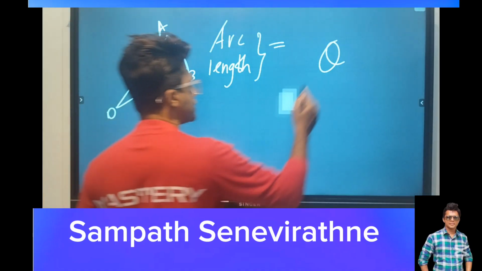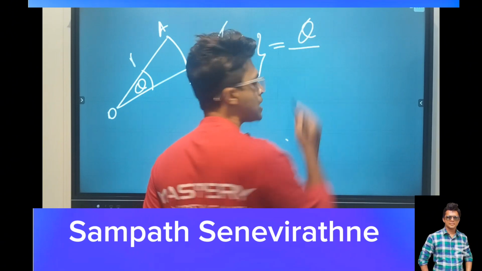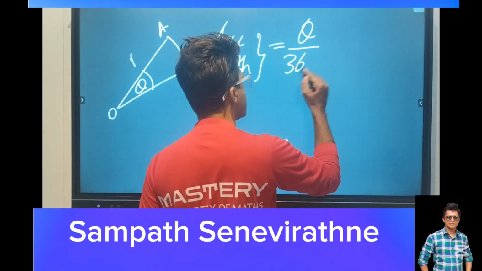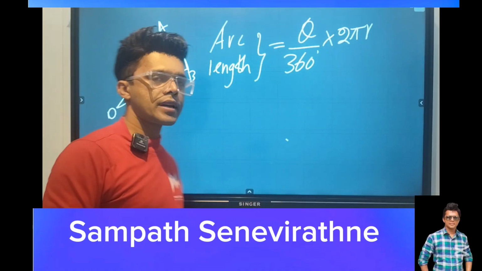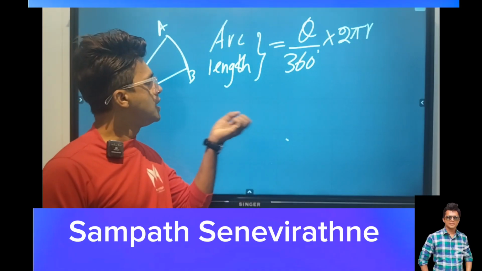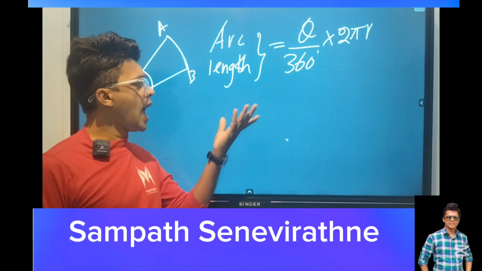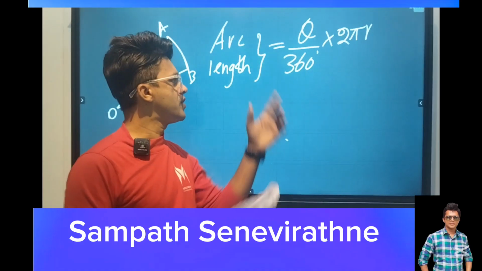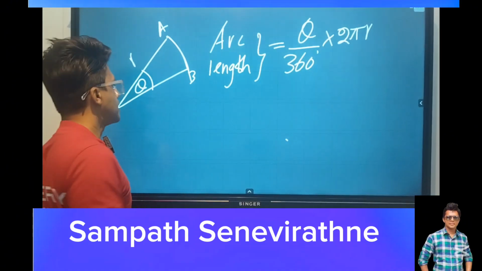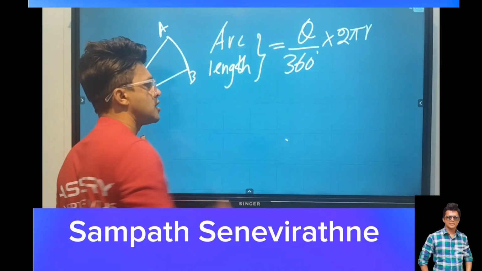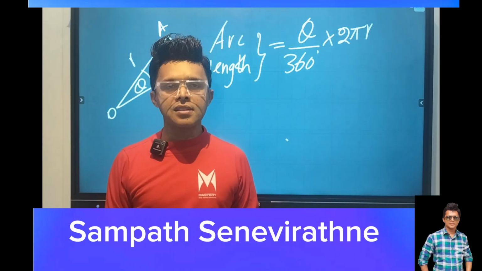How do you get the arc length? Theta over 360 degrees times 2 pi r. Then you can realize this expression. When the angle changes, if the angle is 60, we write 60 over 360; if the angle is 30, we write 30. So this is the common way of getting the arc length of a given sector.